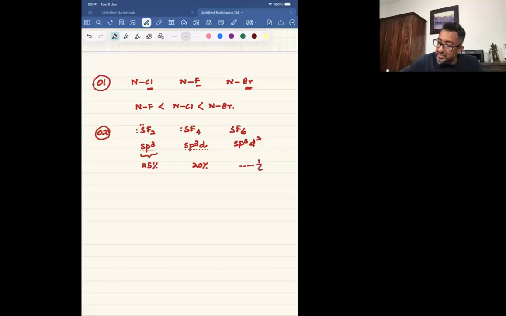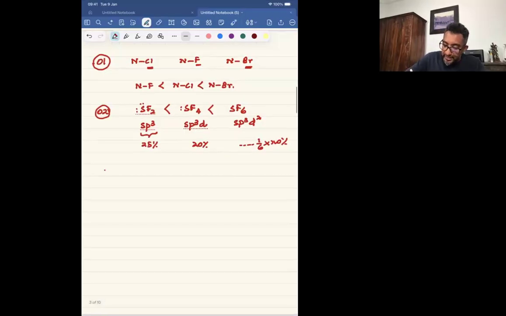So how does the bond length vary? SF2 is the smallest, and SF6 is the greatest. That's the second one. Higher the S character, lower the bond length. Let's look at the next one.